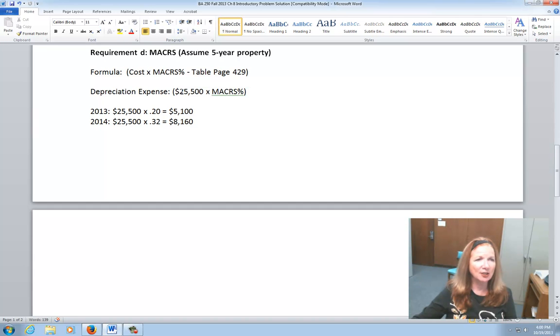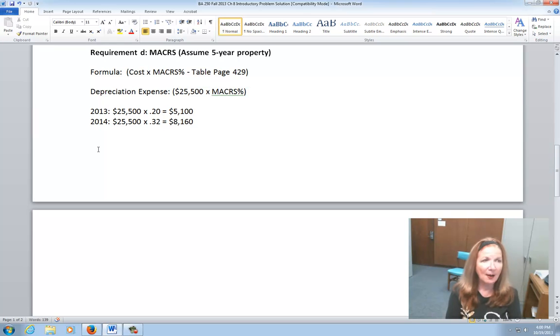So the depreciation expense is cost, $25,500, times the Marx percentage. In 2013, that's $25,500 times 0.2 for $5,100, and in 2014, it's $25,500 times 0.32, the next number in the Marx table, for $8,160.